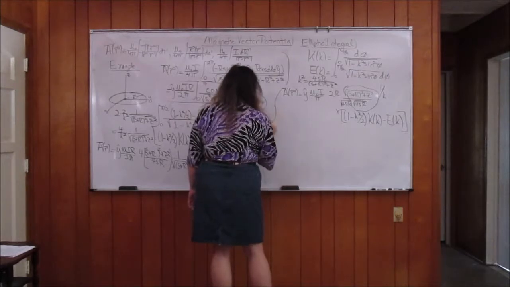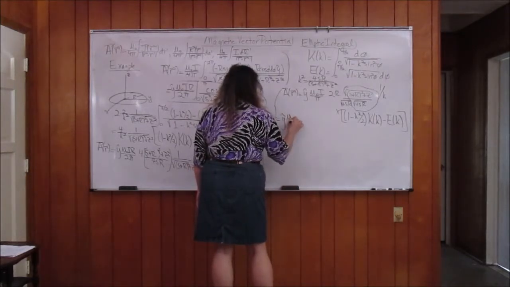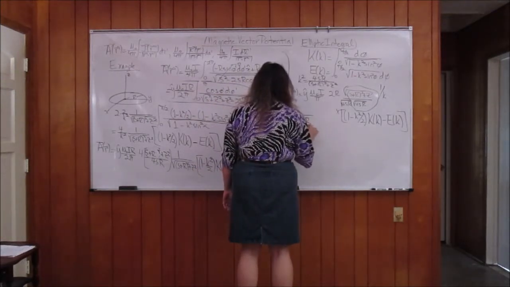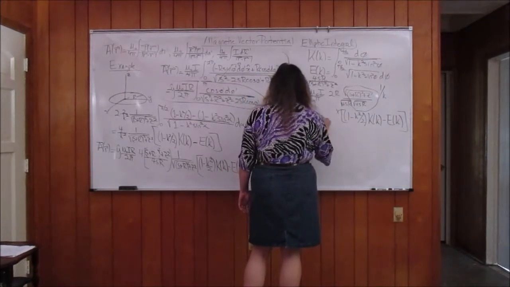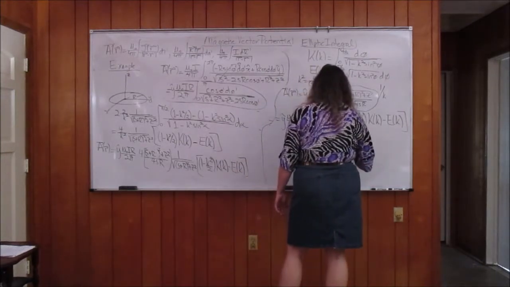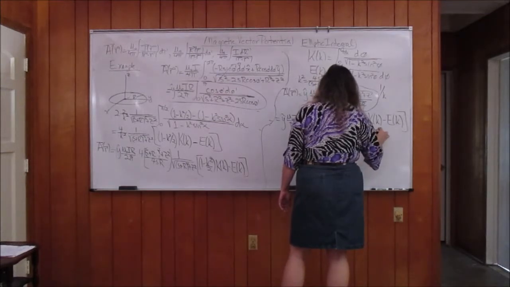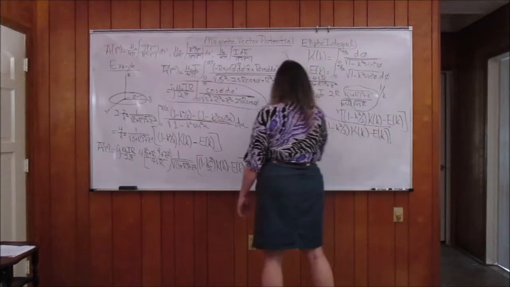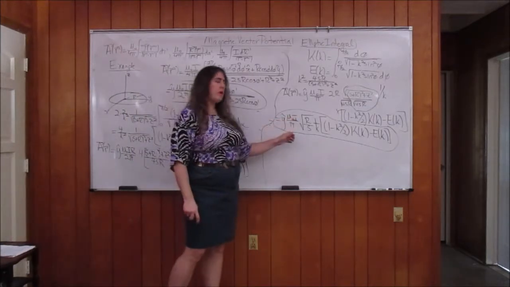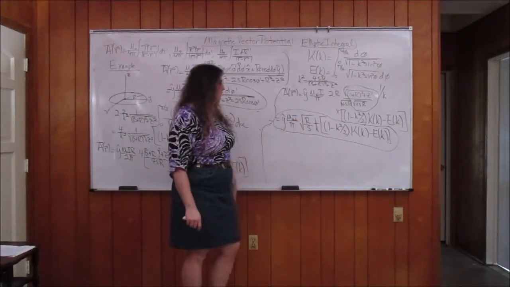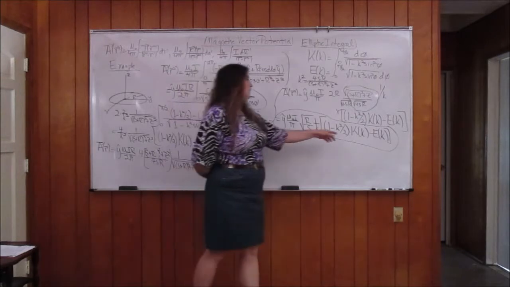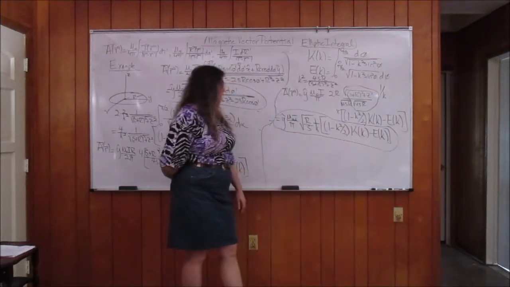And there's your answer. Mu naught I over pi, square root of radius over s, 1 over little k, bracket, 1 minus little k squared over 2, complete elliptic integral of the first kind minus complete elliptic integral of the second kind.